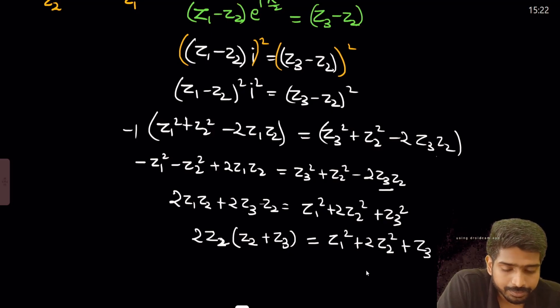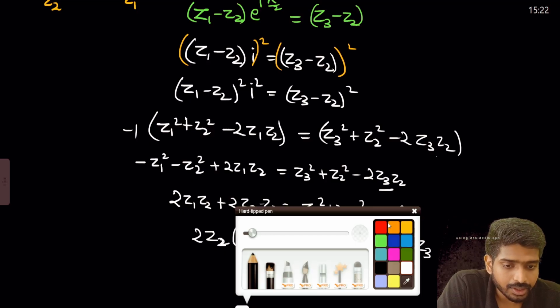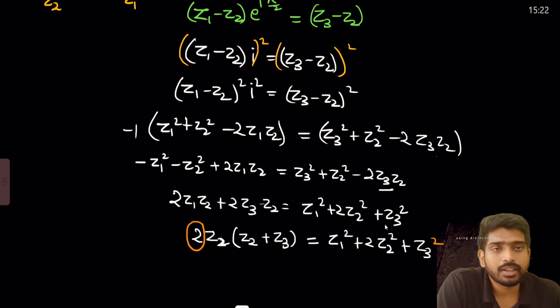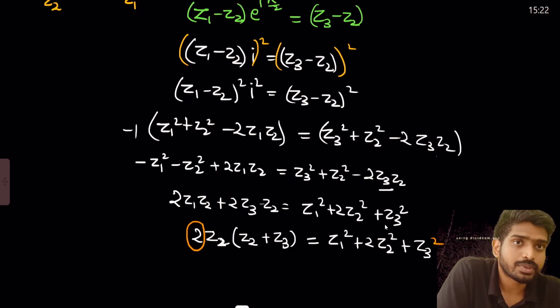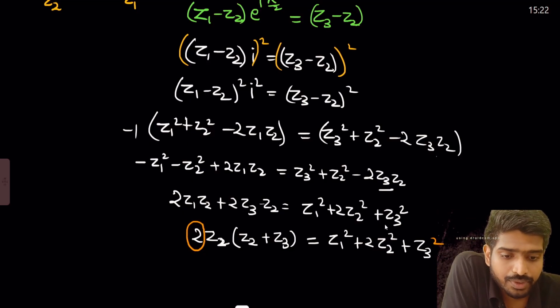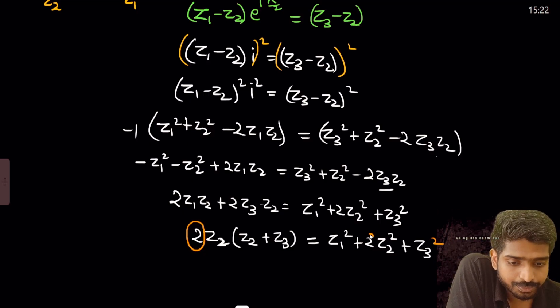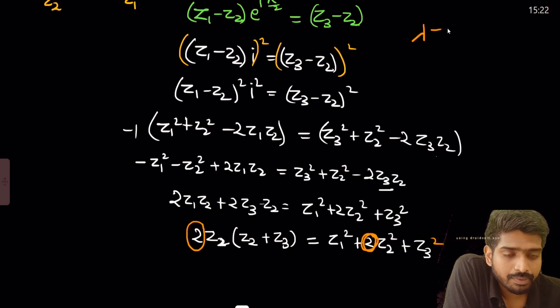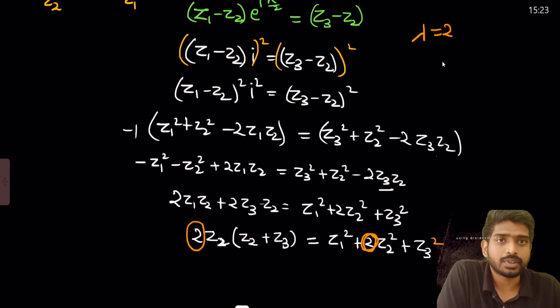Got it? Now next, if we compare this with the question, we'll get that lambda value is 2, right? They're asking the coefficient of lambda z2 square, coefficient of z2 square. So coefficient of z2 square is 2. So our lambda value in the question is 2. So lambda value is 2. This is our answer. Got it? Thank you.